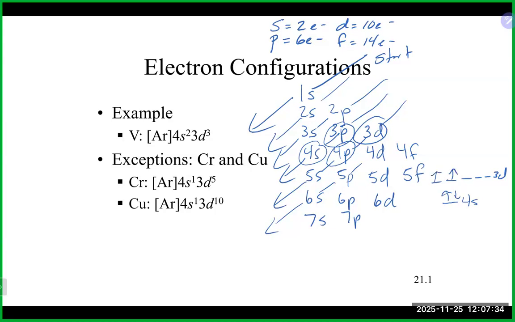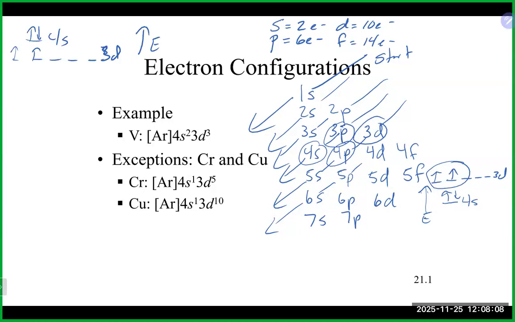Something else that you might remember as well is that once you start putting electrons in the d orbital, there's actually a switch in terms of the energy. After you start filling those d orbitals, the 4s, for example, actually ends up being higher in energy than the 3d. That affects, as we will talk about in a second, what happens when they make ions, right?